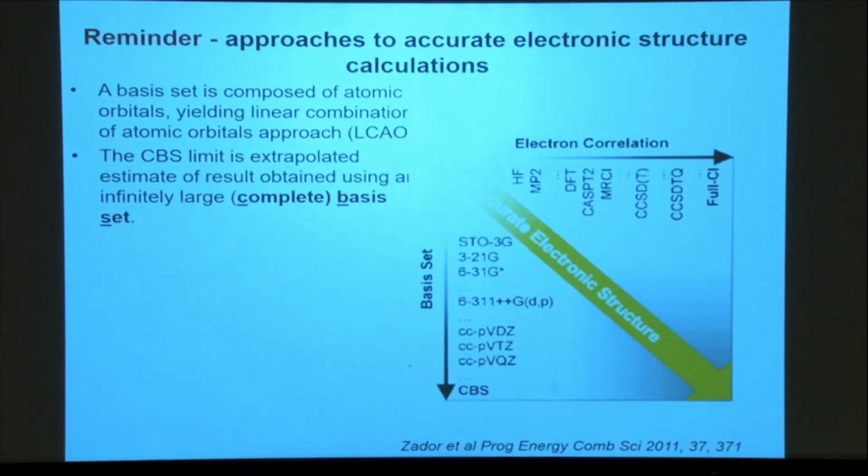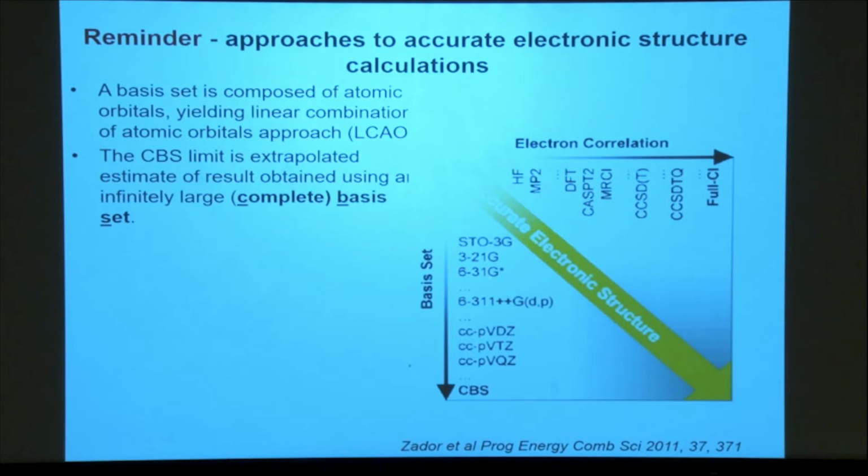Okay, so just to remind you from yesterday, depending on the level of theory, that will give us different accuracies in terms of the location of the transition state, but it will also give us a different capability to represent the different internal degrees of freedom. So obviously, in terms of the basis set, the more complicated the basis set, the higher the level of detail we can include.